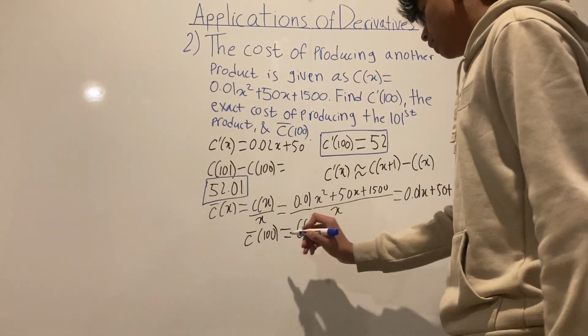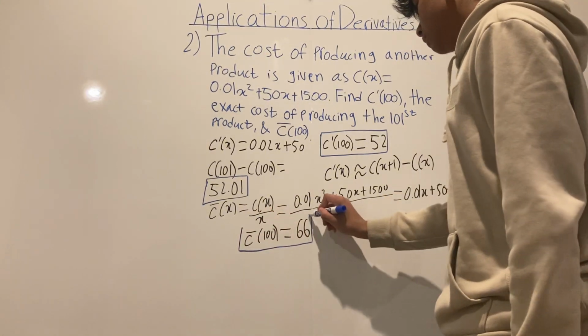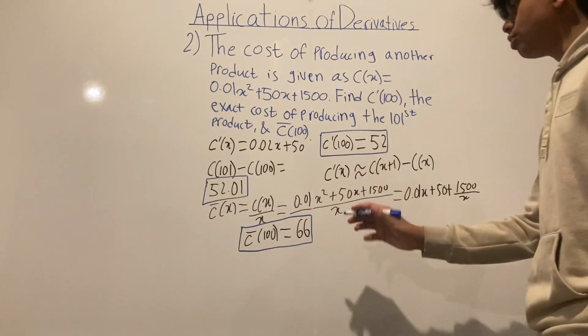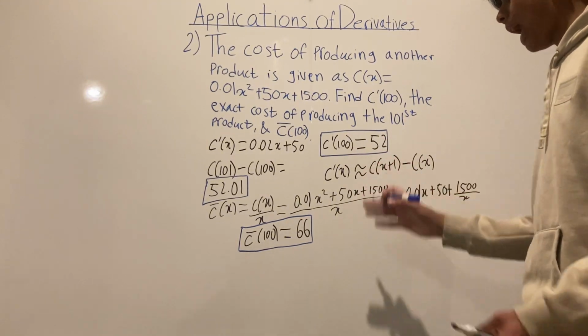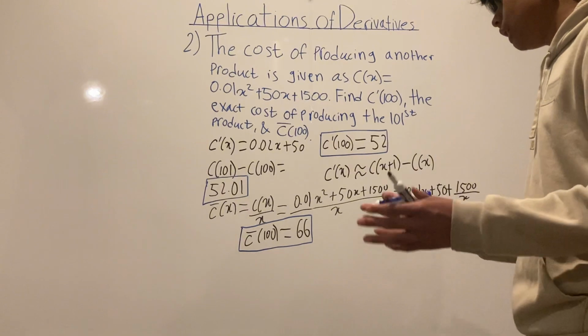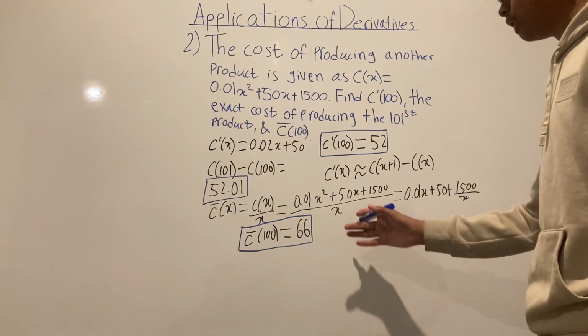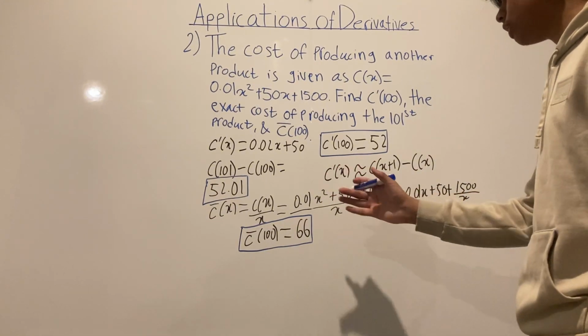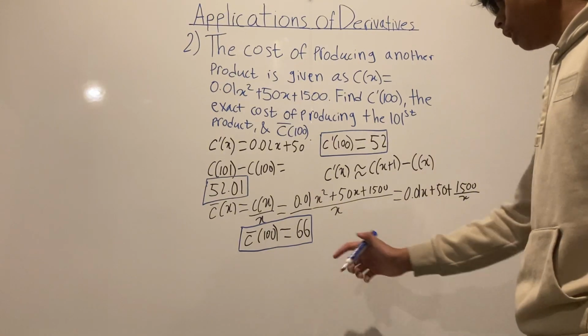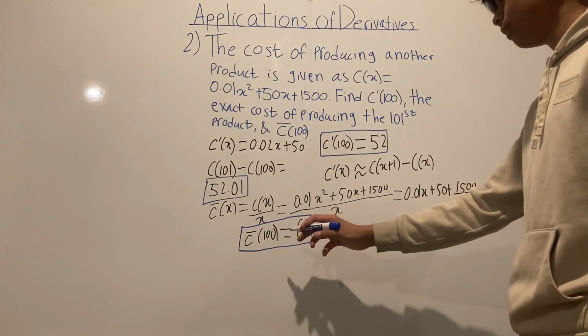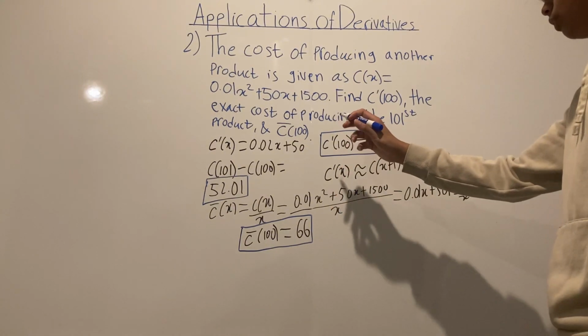And now what this means is that when 100 products are made, the average cost to create each product is $66. So that's not necessarily the exact cost for each, it's just the average of each one when exactly 100 products are made. So we have our final answers.